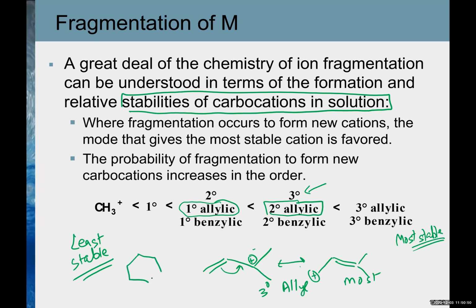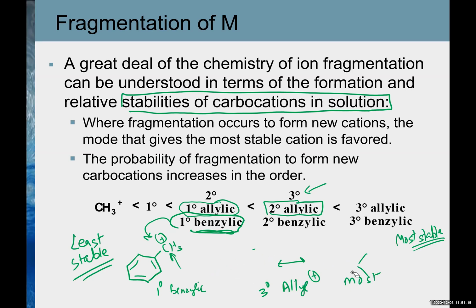Benzylic is this one, but that's primary benzylic. Tertiary benzylic will be when the positive charge carbon is tertiary here. And you can draw the resonance structures in case of benzylic also. Benzylic has more resonating structures.